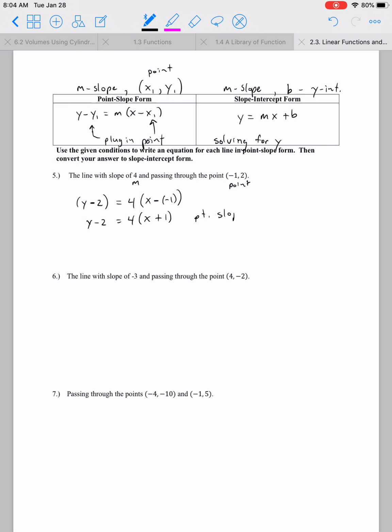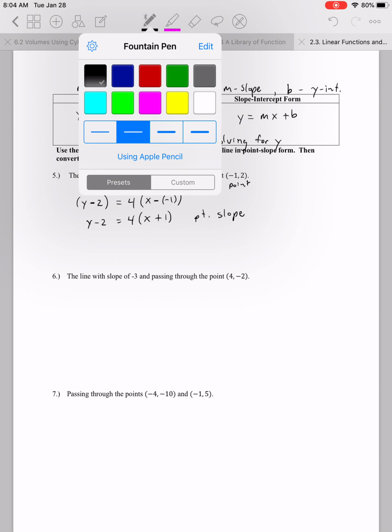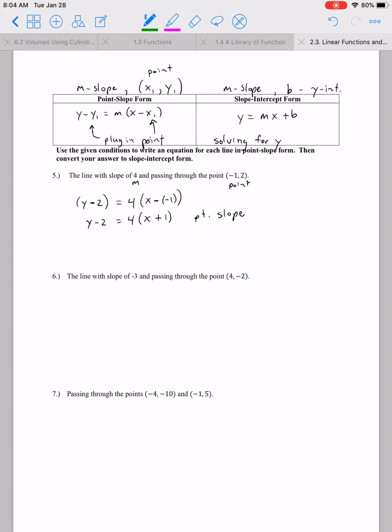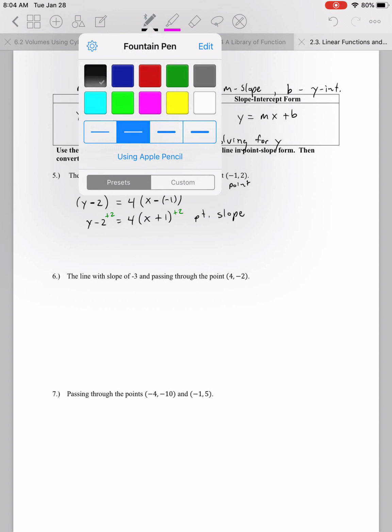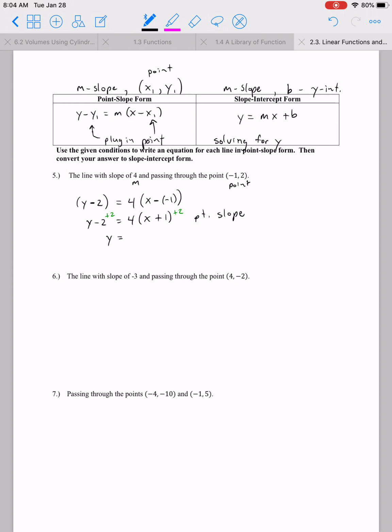And so that would be our point slope form right there. We can continue on to put this into slope-intercept form by simply solving for y. I'm going to add 2 to both sides, plus 2 plus 2. And so that'll give me y equals 4 times x plus 1, plus 2.